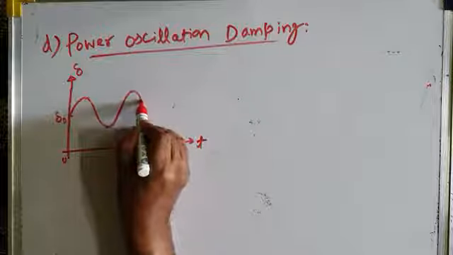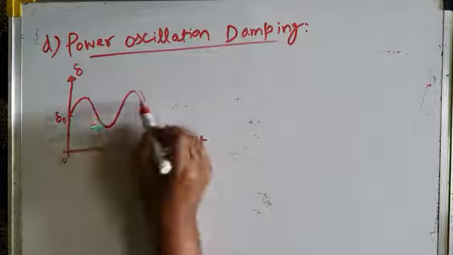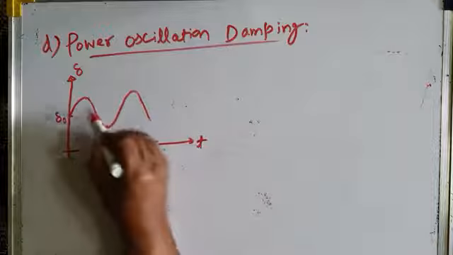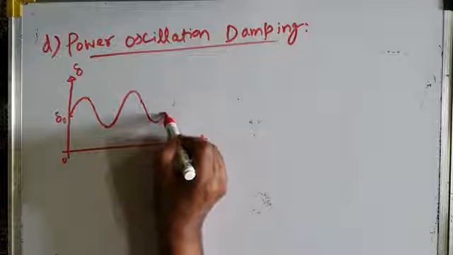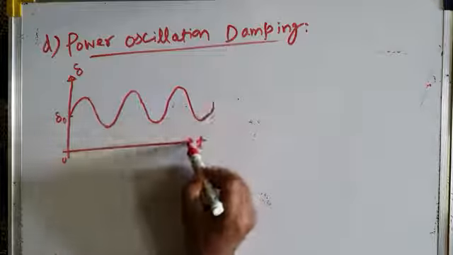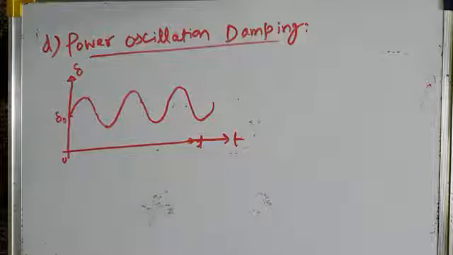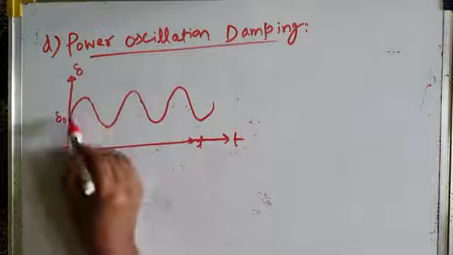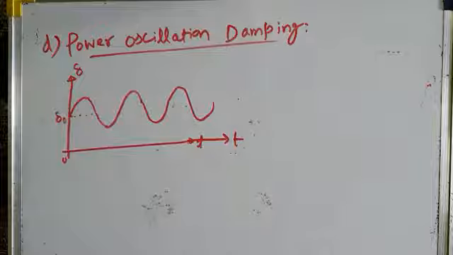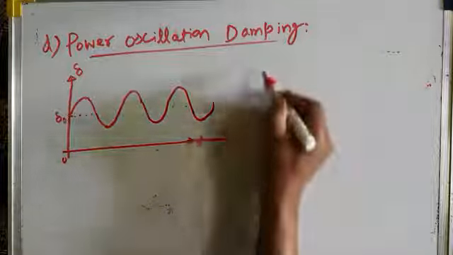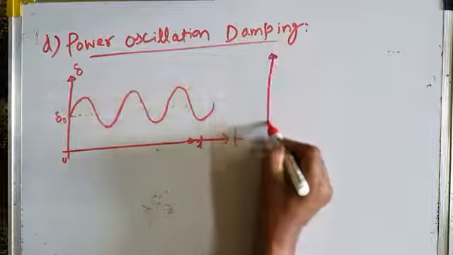So there are oscillations around the mean value because of some disturbance. What is that disturbance? We will try to understand with the help of the next graph.